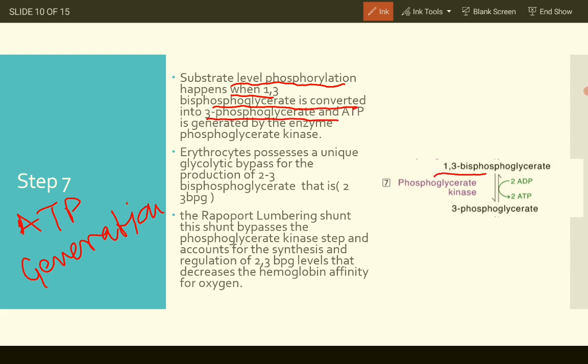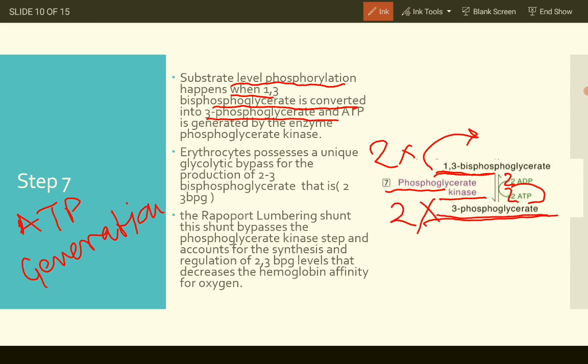So there are two phosphates in this molecule, then one phosphate is being taken out from each molecule. So because there are two bisphosphoglycerate molecules, 2 phosphates will be taken out, and so 2 ADP will be converted into 2 ATP. 2 ATP will be generated through the enzyme phosphoglycerate kinase, and 2 molecules of 3 phosphoglycerate will be generated.